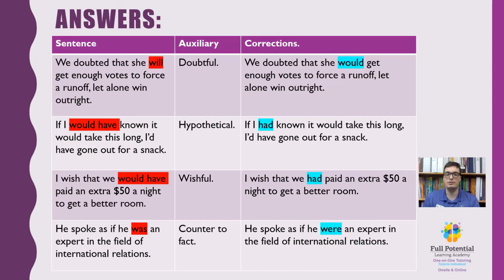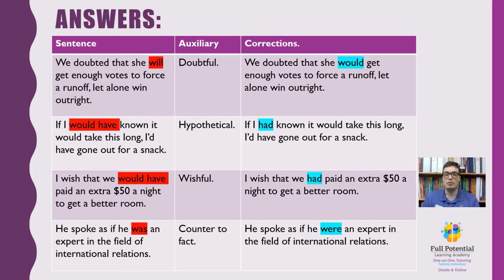Here are the corrections to the sentences from before. In the first sentence, which is the hypothetical auxiliary, you must have she will turn into she would to have the proper subjunctive mood form. In the next sentence, you have to change the would have to had in the hypothetical sentence in order to correct it.